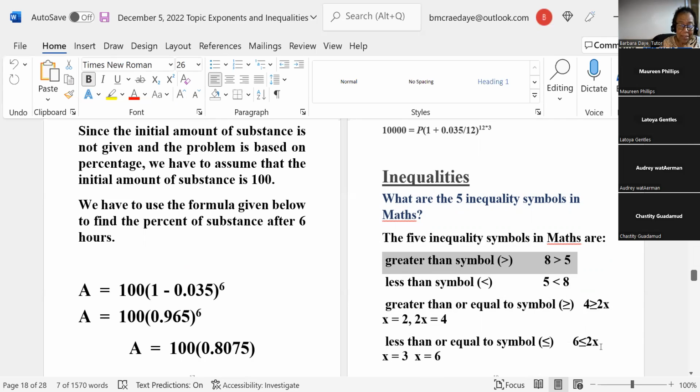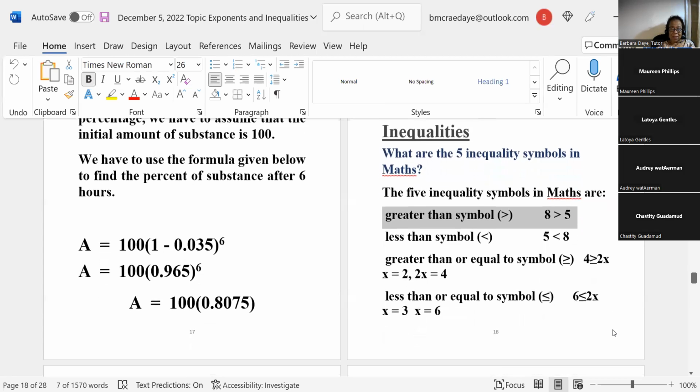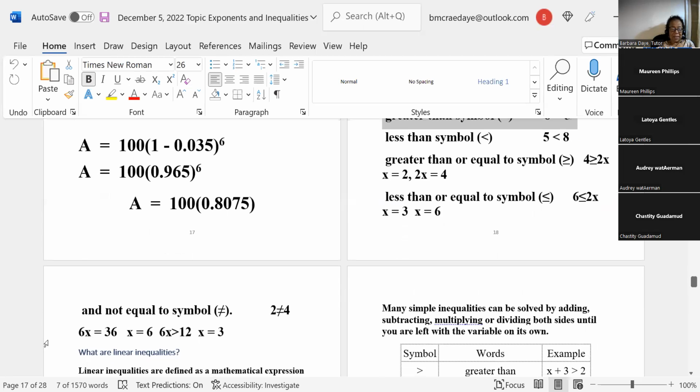So what can x be? X can be 3, because 2 times 3 is 6, and 6 is equal to 6. X can be 6: 2 times 6 is 12, and 6 is less than 12. Got it?